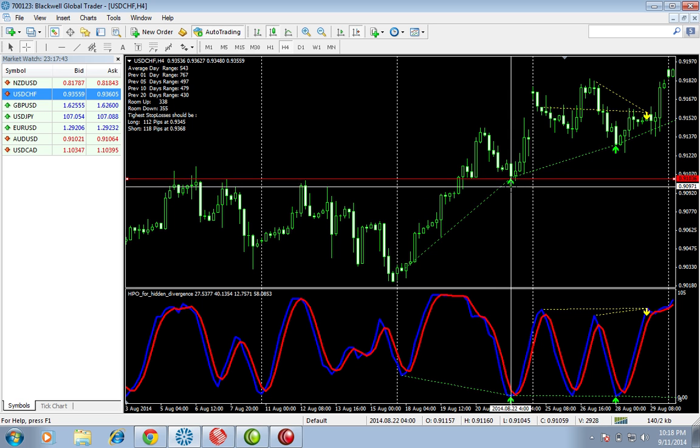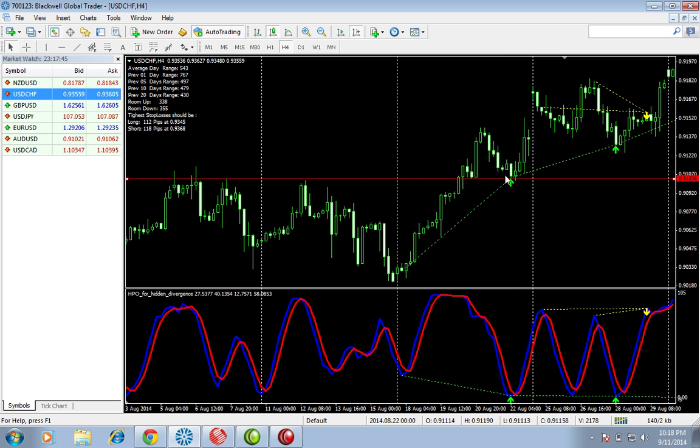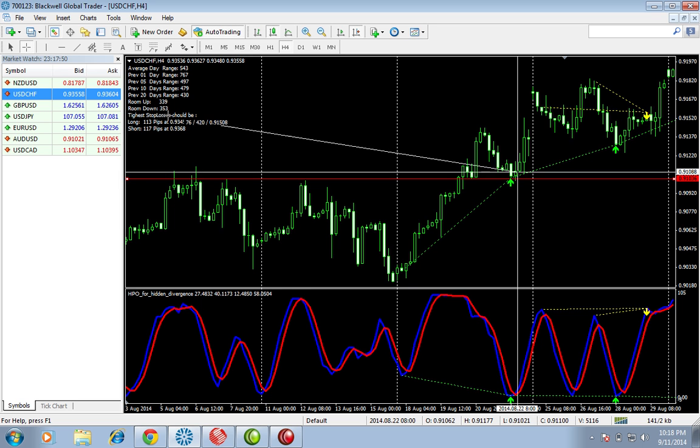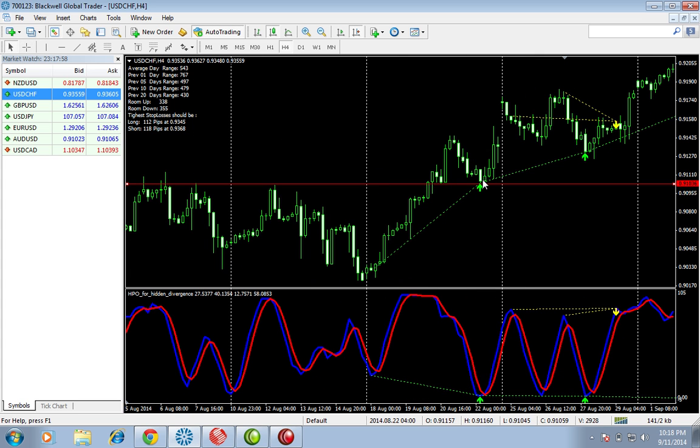Once you see a rejection, maybe not this one, but perhaps this, the price bouncing off that level, you want to take your buy position from there, use this value for your take profit and half of the same value for your stop loss, and you see price going up nicely, and you make your very cool profits.